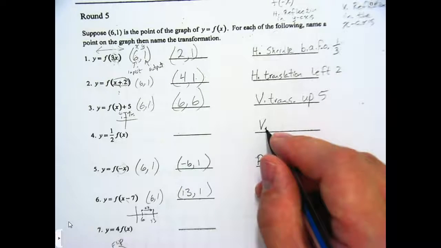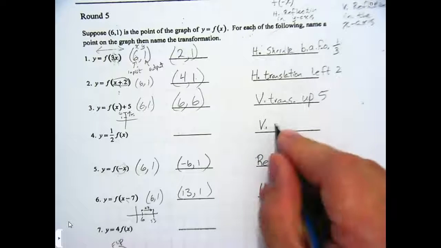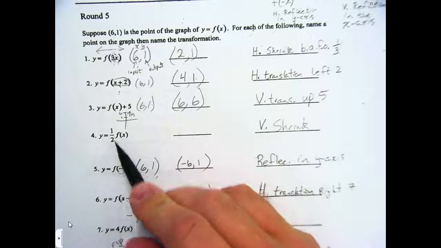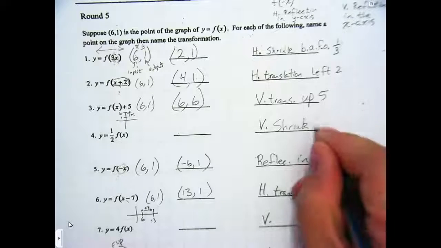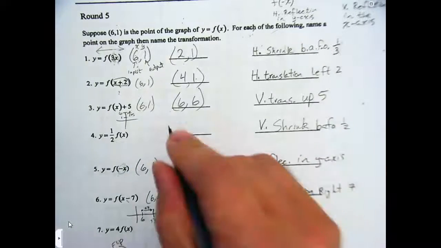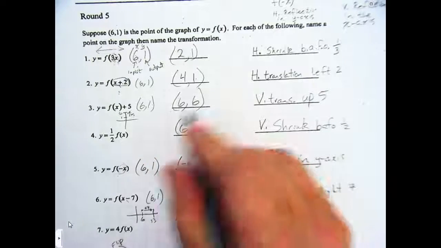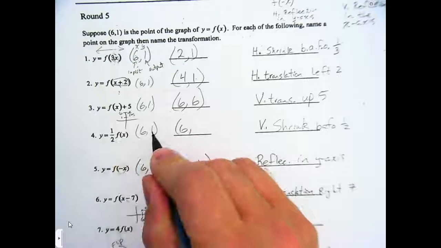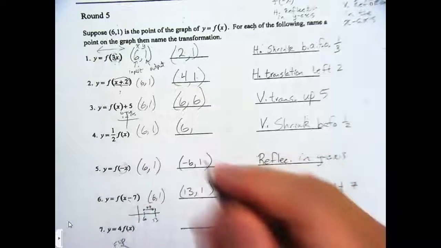Vertical. Stretch or shrink or translation? This is a shrink, yes. We are multiplying, so it's either a stretch or shrink, and it's less than 1, so it's a shrink. BAFO, or by a factor of 1/2. So we're changing our Y value from 1 to, you got to shrink it.